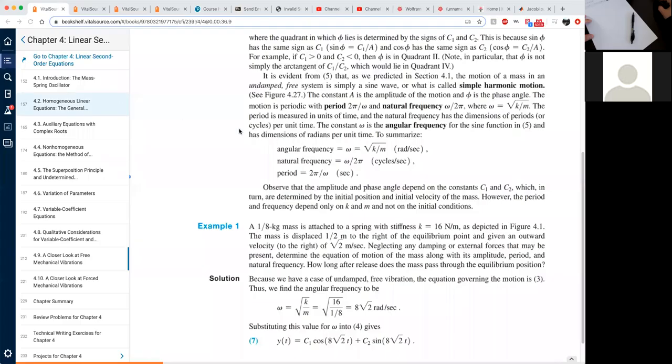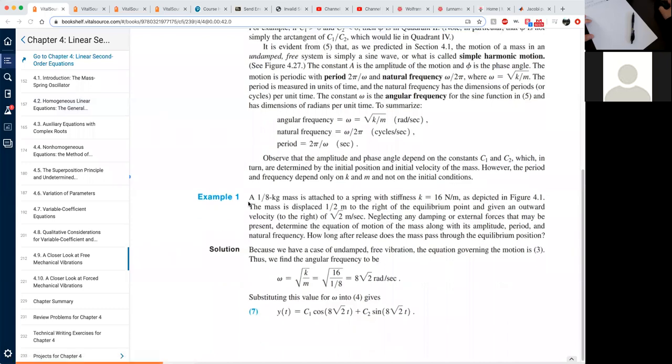So example 1 in the textbook is this. Let me share the screen. All right, so we'll see that here. Example 1, 1 over 8.